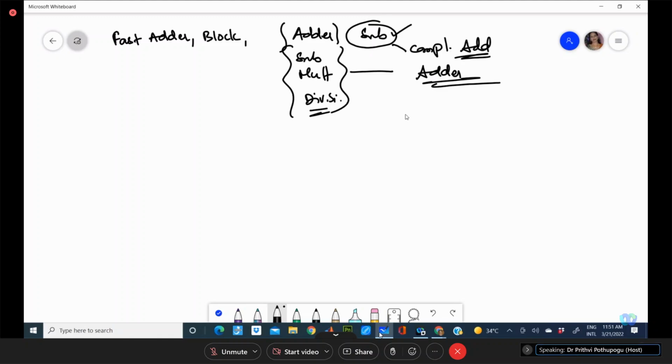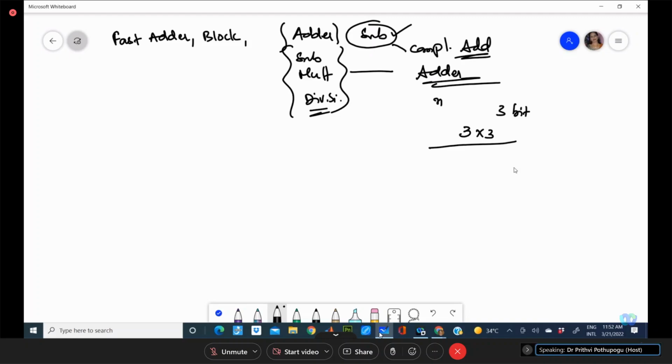Normally, say if you are multiplying n bit by n bit, let me take a 3-bit multiplier. If you take 3-bit into 3-bit, what is the result length?